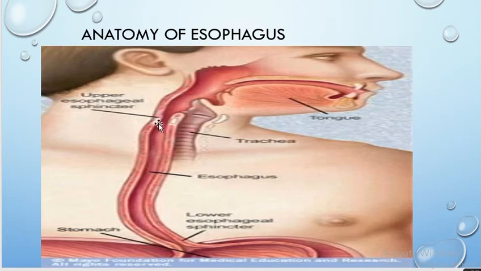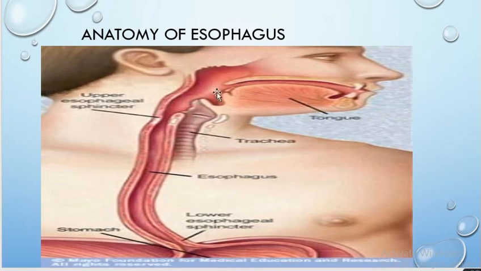So this is the upper esophageal sphincter, and then there is a lower esophageal sphincter. Anterior to the esophagus, there is the trachea. This normal physiological upper sphincter is present at the level of the cervical vertebra, and the lower esophageal sphincter is present at the level of the thoracic vertebra.